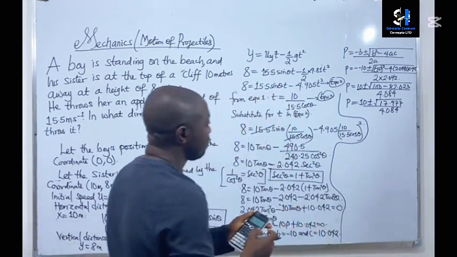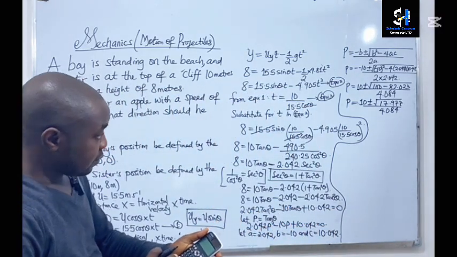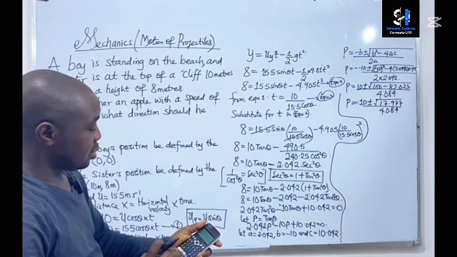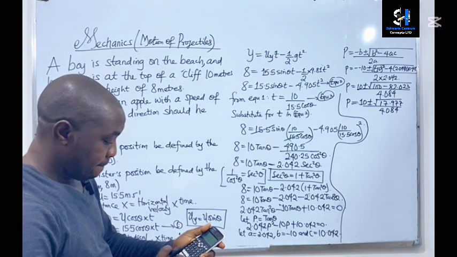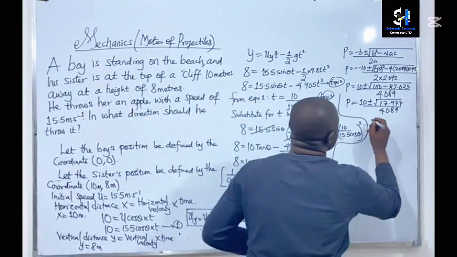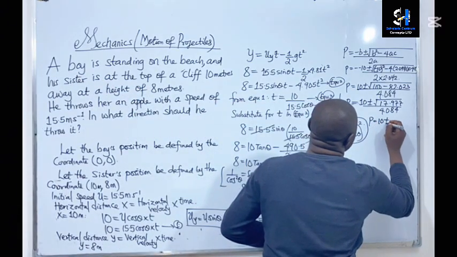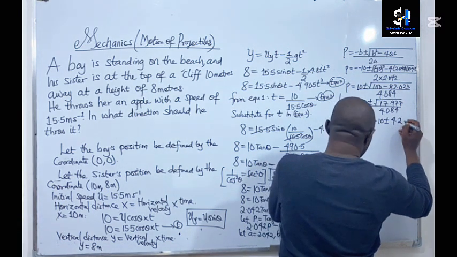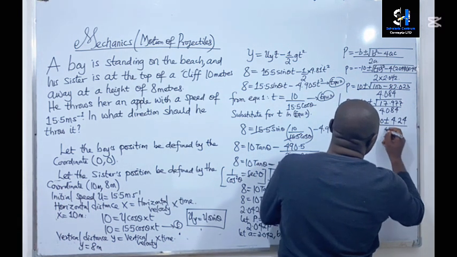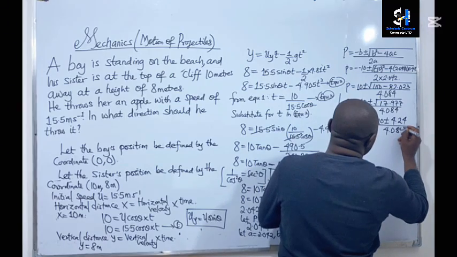Okay, so let's get the square root of 17.977. That'll be 4.24. So in this case, we have 10 plus or minus 4.24 divided by 4.084.